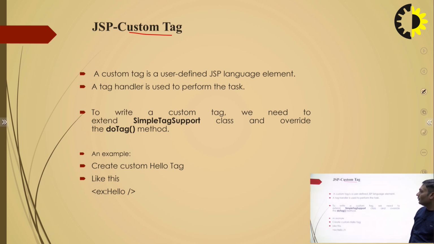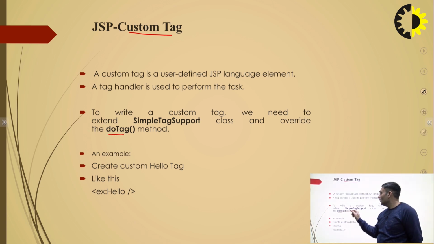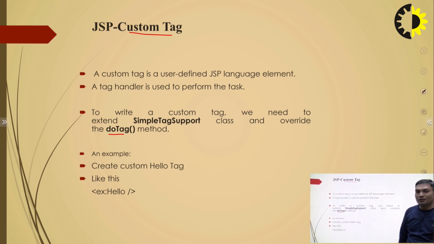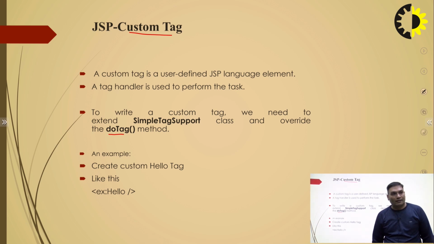So to write a custom tag, we need to extend a simple tag support class that overrides the doTag method. So in simple tag support, there is a doTag method, and we need to override this doTag method first if we are making a tag using custom tag.